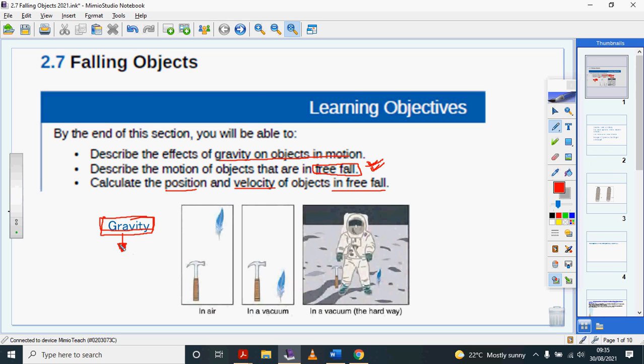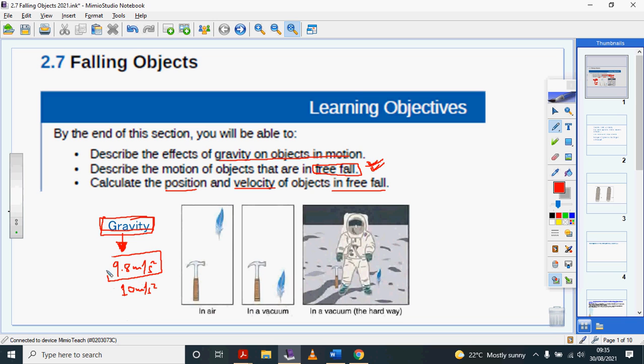But in technical terms, what we think of as gravity, the 9.8 meters per second squared, or the 10 meters per second squared that you might know about right now, is an acceleration with which all objects fall towards the center of the earth, right? So all objects on Earth or around Earth fall towards the center of the Earth with that acceleration.